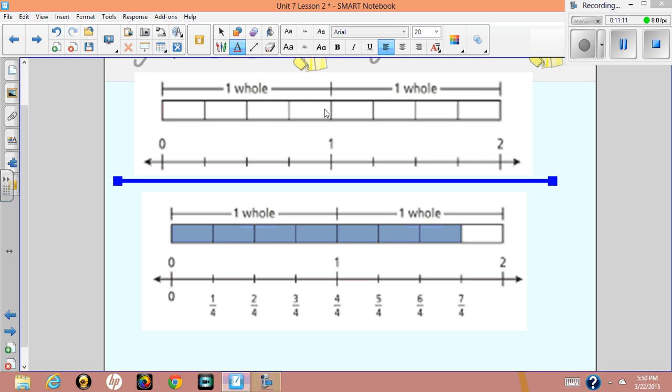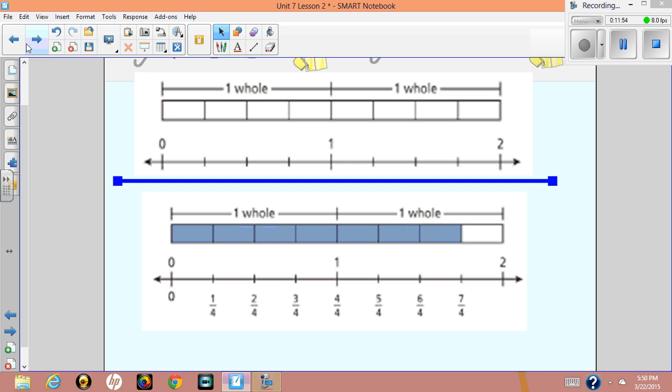So here is 1 whole, here is another whole, so we have 1 and 2, so we have 2 wholes, and if you look at how they would be divided up, we have 1/4, 2/4, 3/4, 4/4, which is 1 whole, 5/4, which is 1 whole plus 1/4 of another whole, 6/4, which is 1 whole plus 2 parts, and 7/4, which is 1 whole and 3 parts of another.